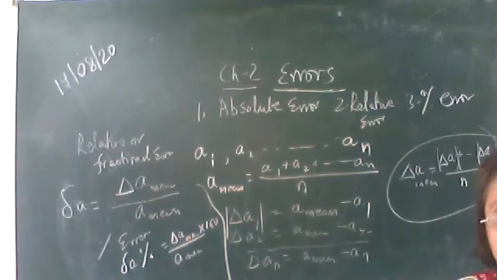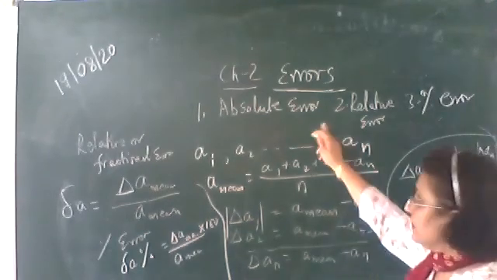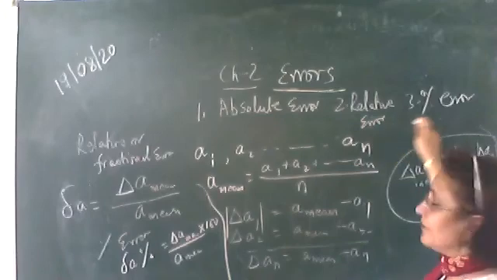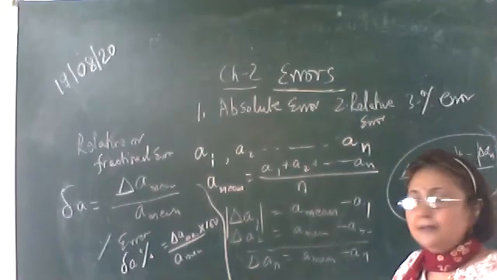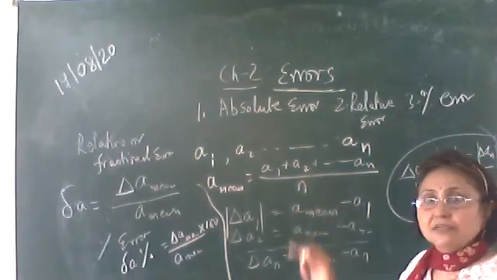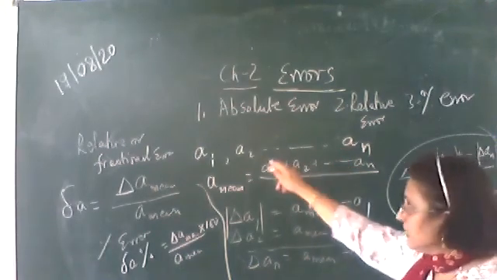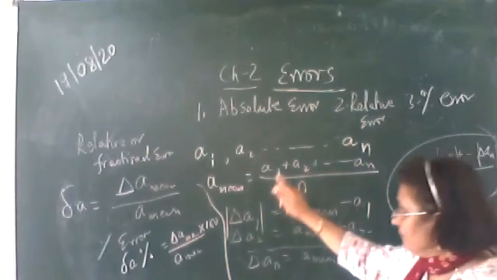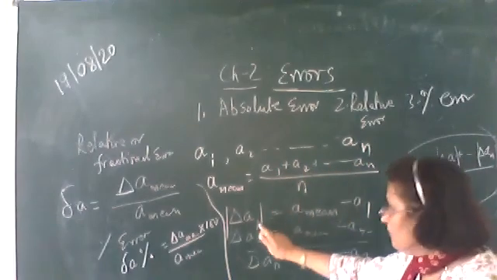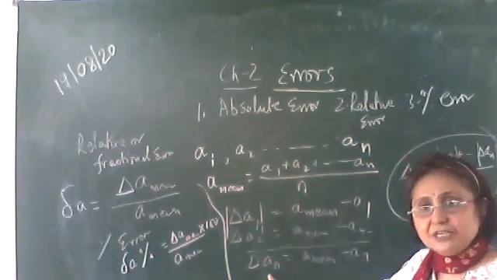So when the errors are calculated, we find three types of errors: absolute error, relative error and the percentage error. For absolute error, in each measurement we find out the absolute error. First, we take a number of observations, find its mean value, then find out the absolute error in each measurement.